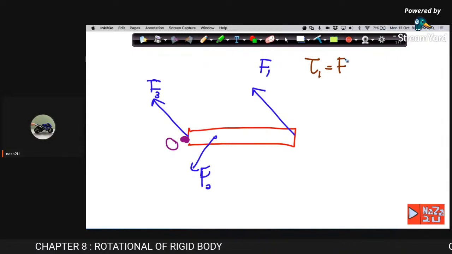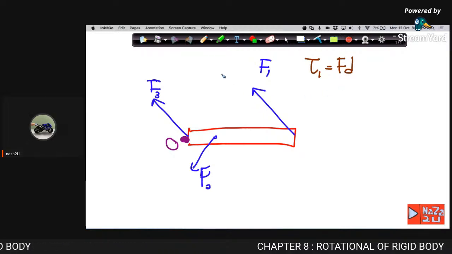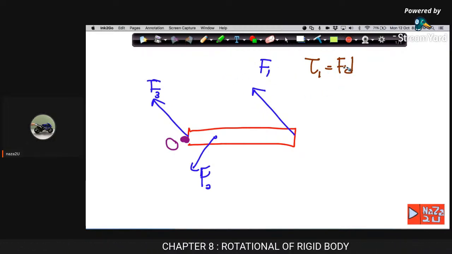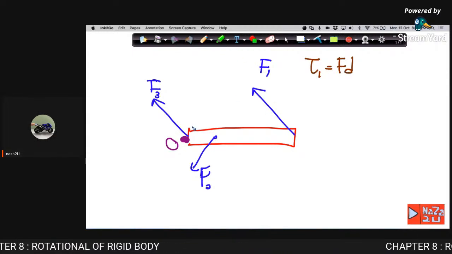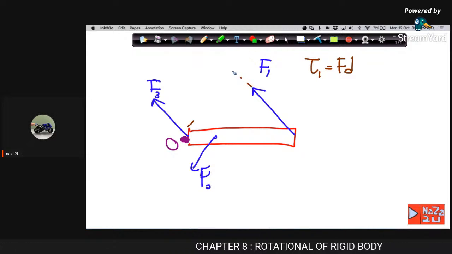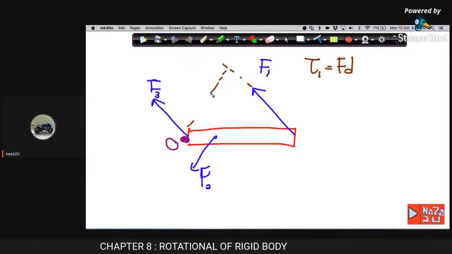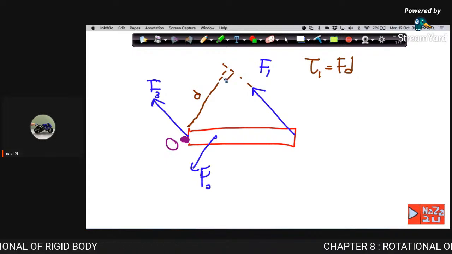So I write here torque 1 is F1 times distance D or R. But F and D must be 90 degrees. So to find the distance, you can continue the force line here, and here you can have a distance, and this is 90 degrees.